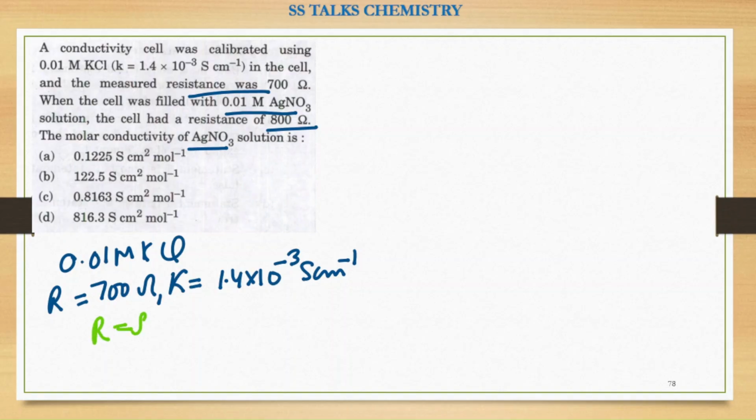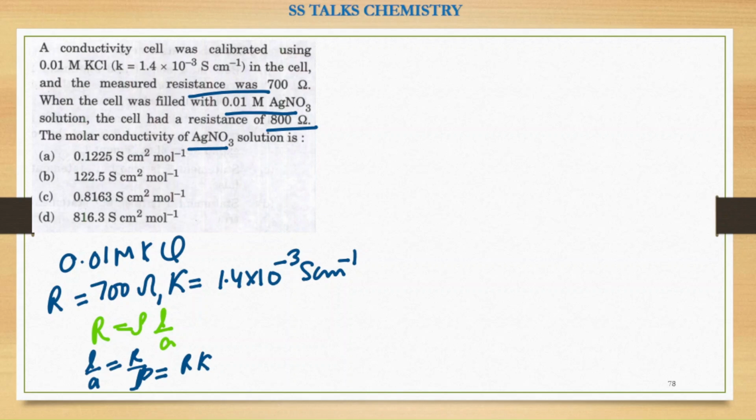So R is equal to rho L by A. 1 by rho will be 1 by R into the cell constant. So what we need is the cell constant, that is R upon the rho value only. L by A is R upon rho, that is nothing but R into the kappa value.